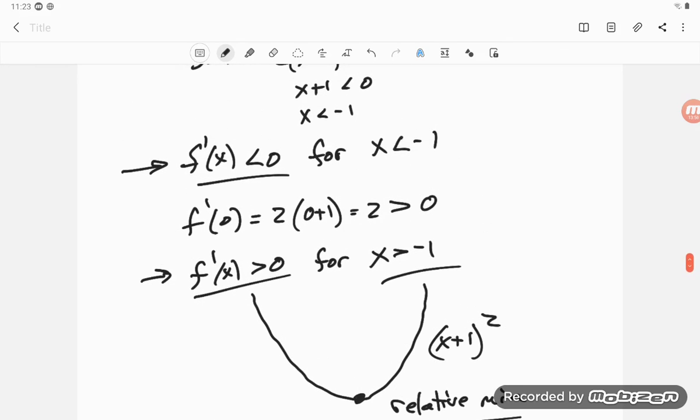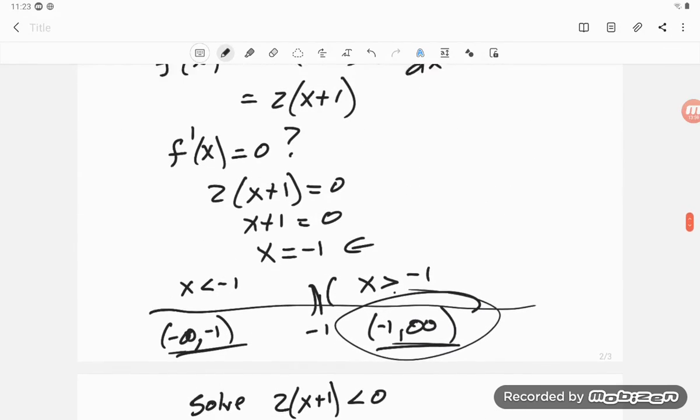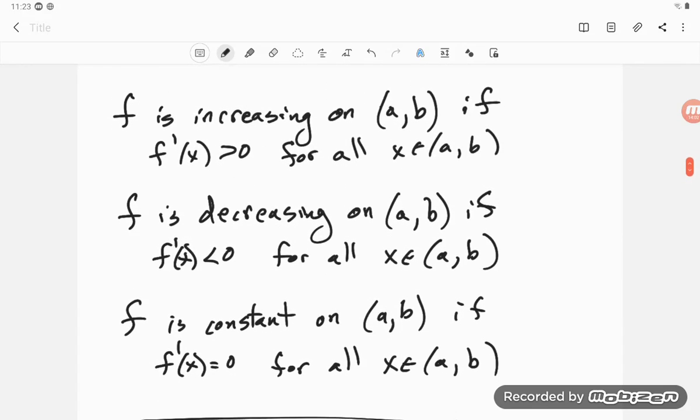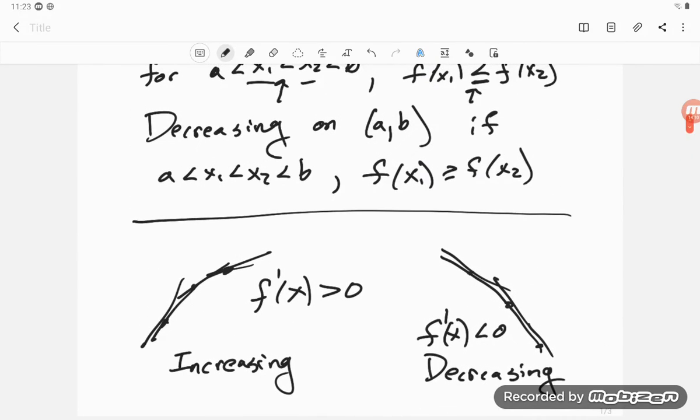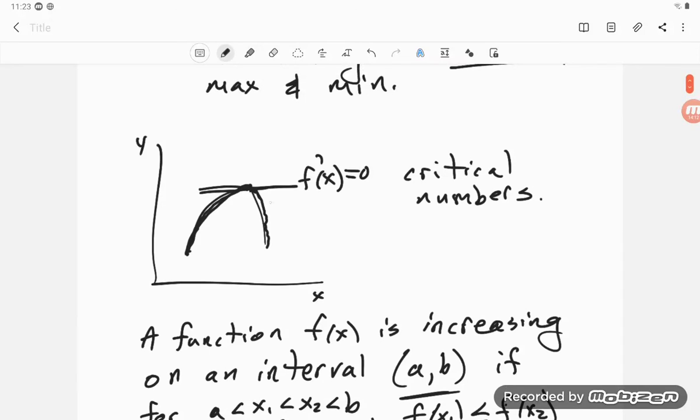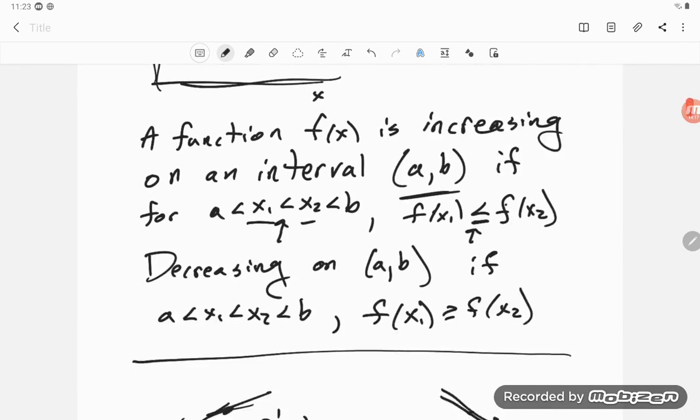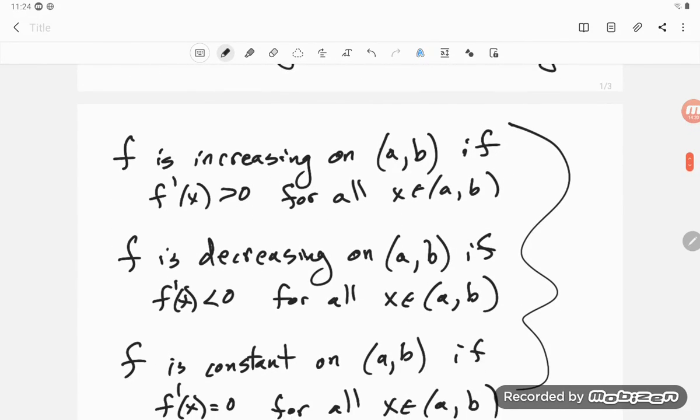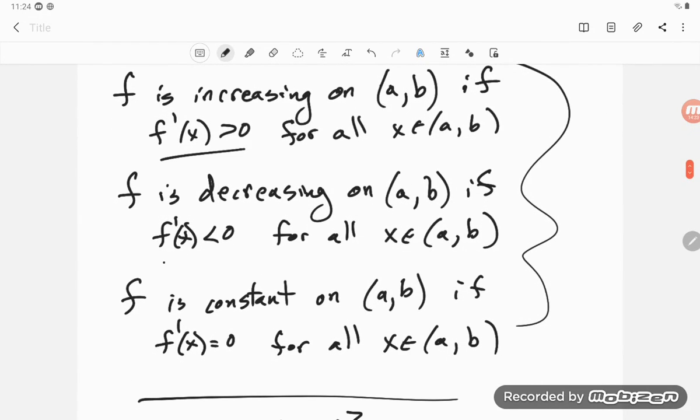And that's pretty much what we're doing in section 3.3: we're really just looking at this sort of stuff and asking, can I translate between a nice picture like this and my algebraic representations of derivatives to help me out with that. Okay, so that is what we're doing in 3.3, and we'll call it good for this video.